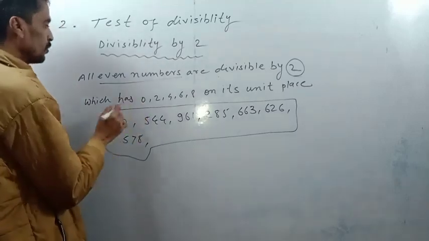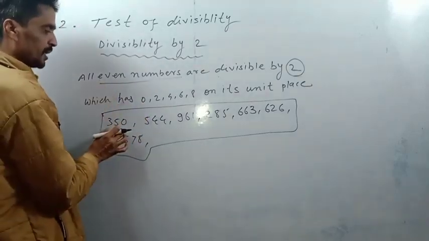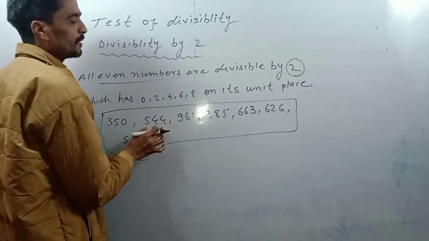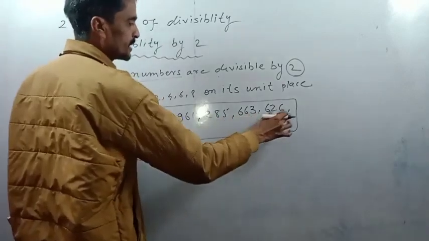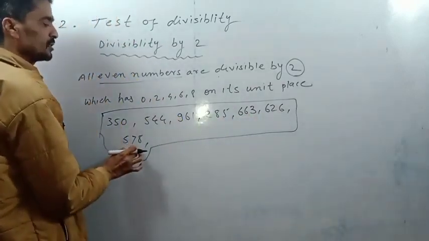So we need to find the even numbers. 350 is even, 626 is even, and 578 is also even.